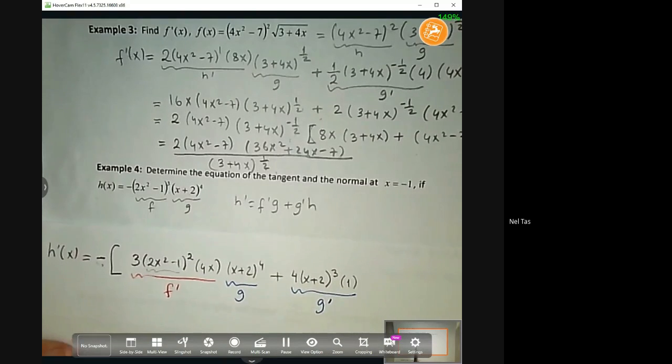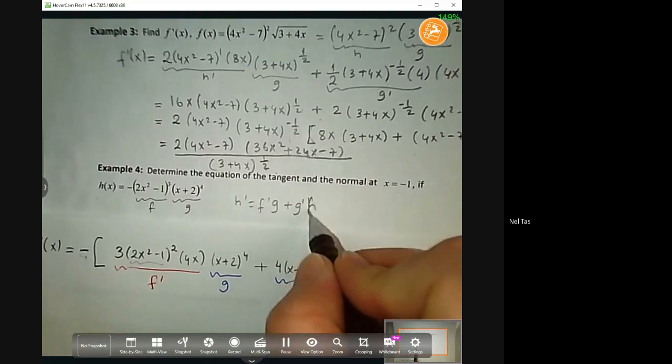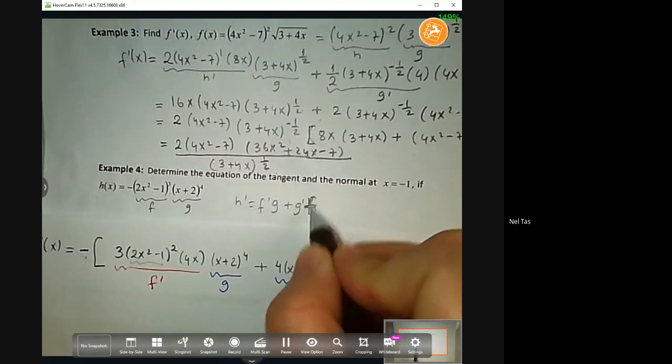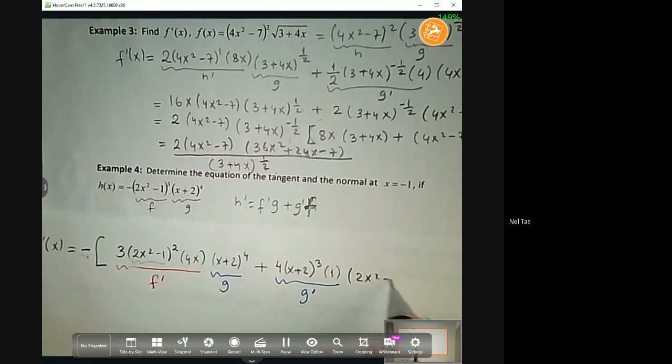We multiply this by h. Sorry, yeah, that should be f. Sorry about that. So we multiply this by f, 2x squared minus 1 cubed. That is your f.